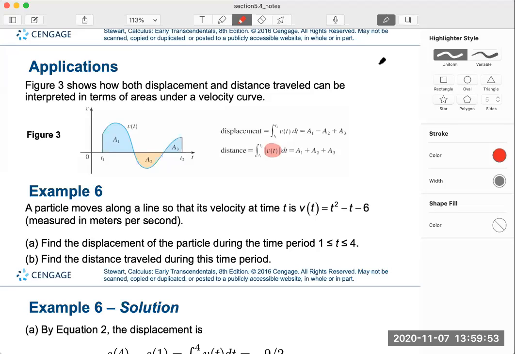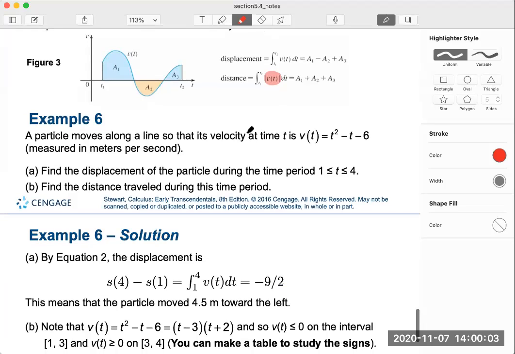Thank you, Daniel. Now, let us consider this example. If a particle is moving along a line and the velocity is given as t squared minus t minus 6 meters per second, what we need to do is to find the displacement of the particle during the period from t equal to 1 to 4.